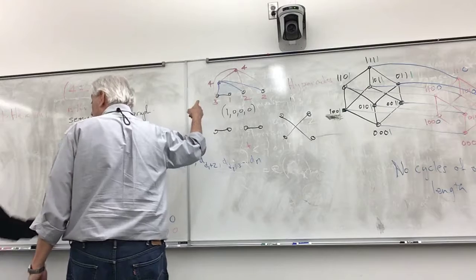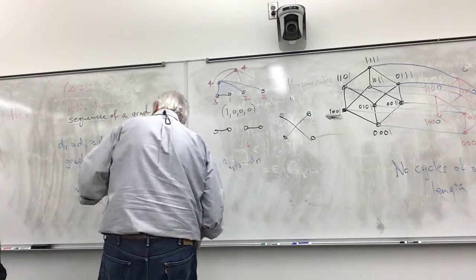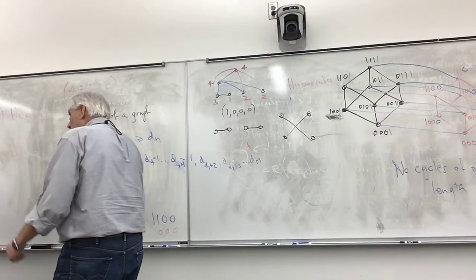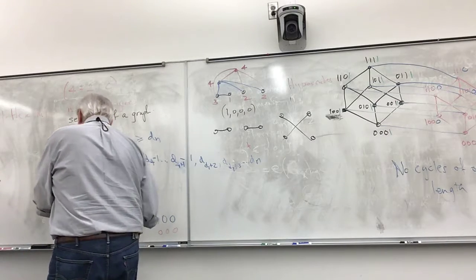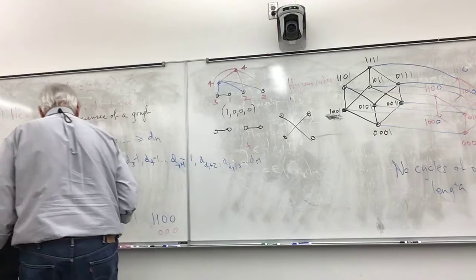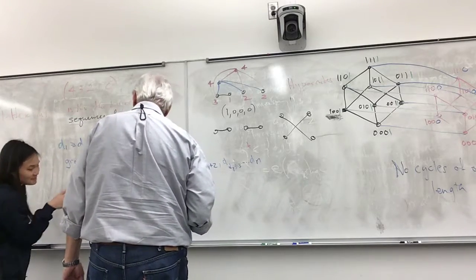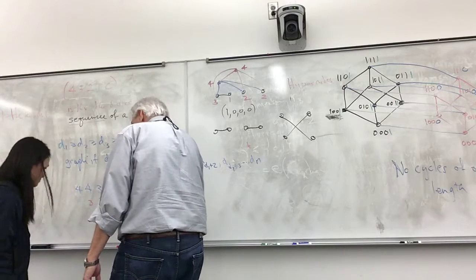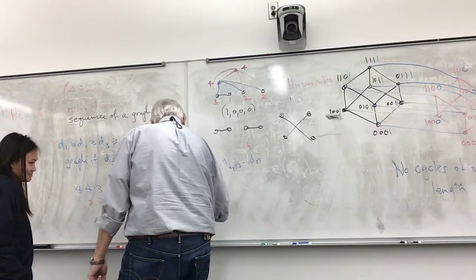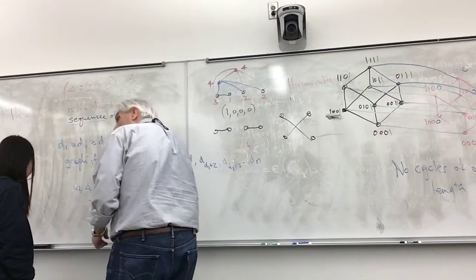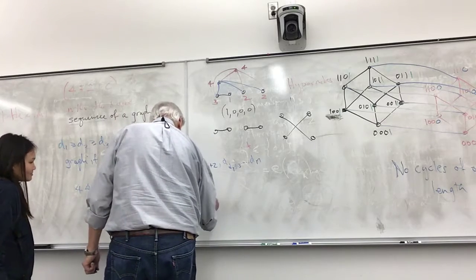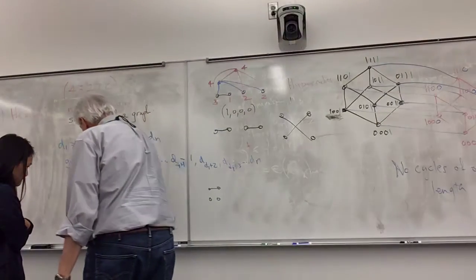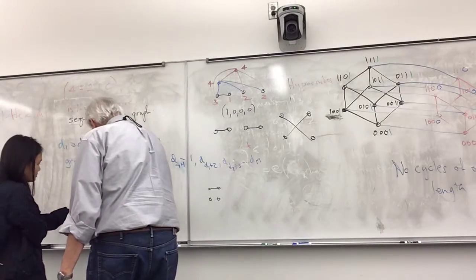Oh, so construct. Yeah, we'll do that on Thursday. Remind me on Thursday. Essentially you're going to follow this back. So we have this graph, and now you're going to come along with a vertex of degree 3.